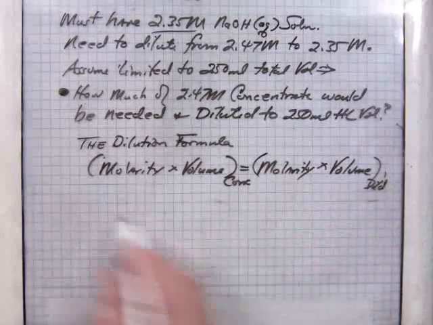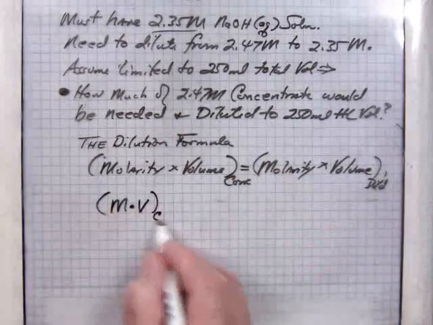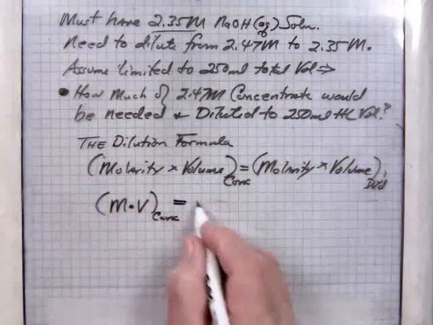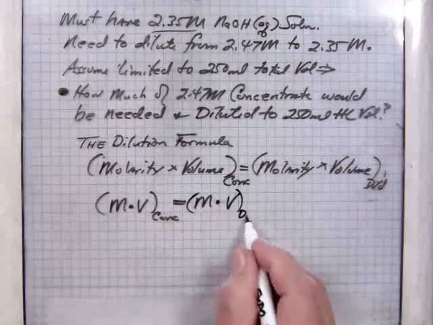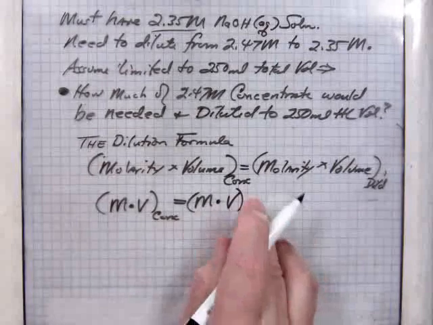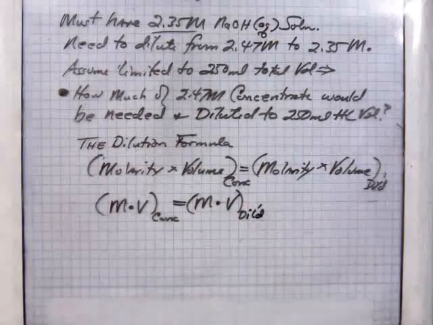Or in simple terms, molarity times volume of the concentrate equals molarity times volume of the diluted sample.